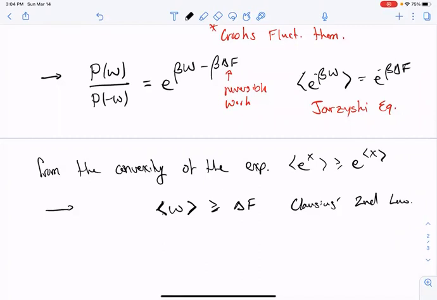All right, so to understand these relationships concretely, to understand how one should think about work as a fluctuating quantity, and to see that indeed this fluctuation theorem is borne out, the rest of this lecture will be devoted to actually studying it in an exactly solvable system.